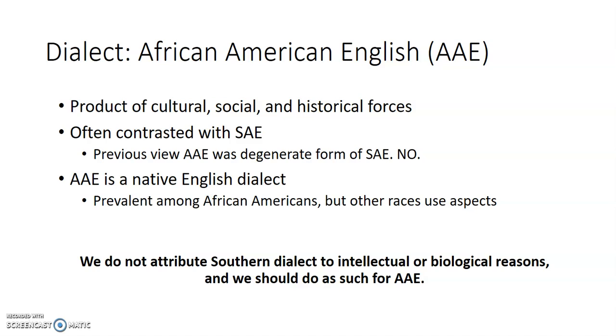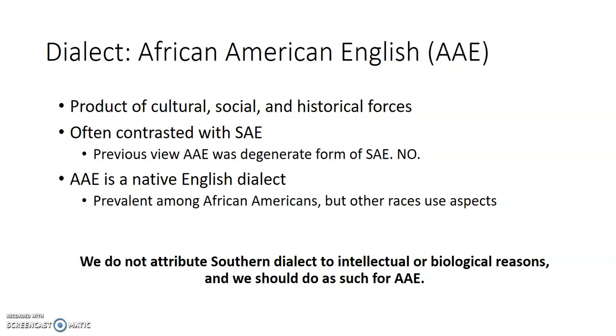It is a native English dialect that's prevalent among African Americans, but other races can use it. So it's become known as African American English, but it doesn't rely on individuals who are African American to use this type of dialect.